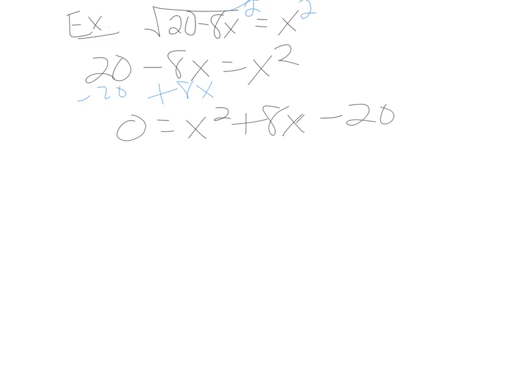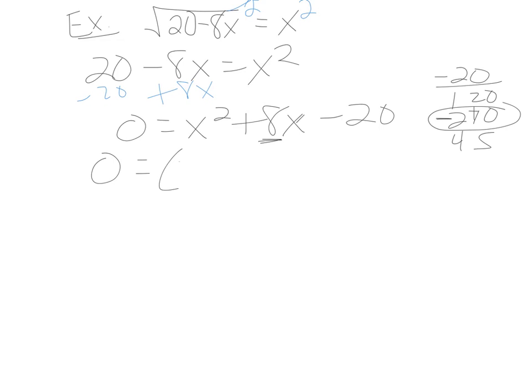So if I look at negative 20, factors of 20, I want to end up with the middle number, 8. So if I use 2 and 10, I want a positive 8. That would be a minus 2 and a plus 10. So 0 equals x minus 2 and x plus 10. Setting those both equal to 0.